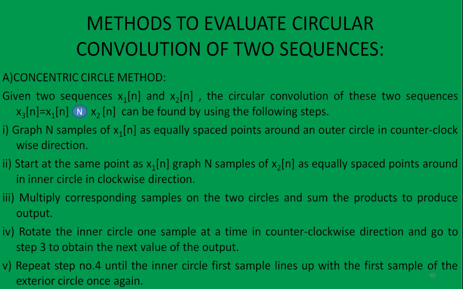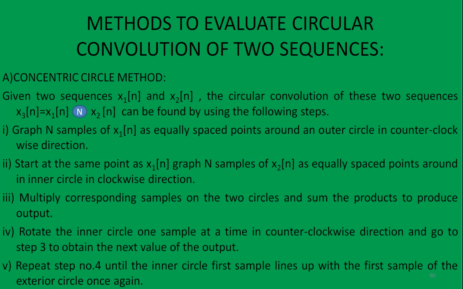Now in the clockwise direction locate all the points of x2 of n. Where we start x1 of n, that means x1 of 0, we should start x2 of 0 also. So start at the same point as the x1 of n graph, and graph N samples of x2 of n as equally spaced points around the inner circle in the clockwise direction.